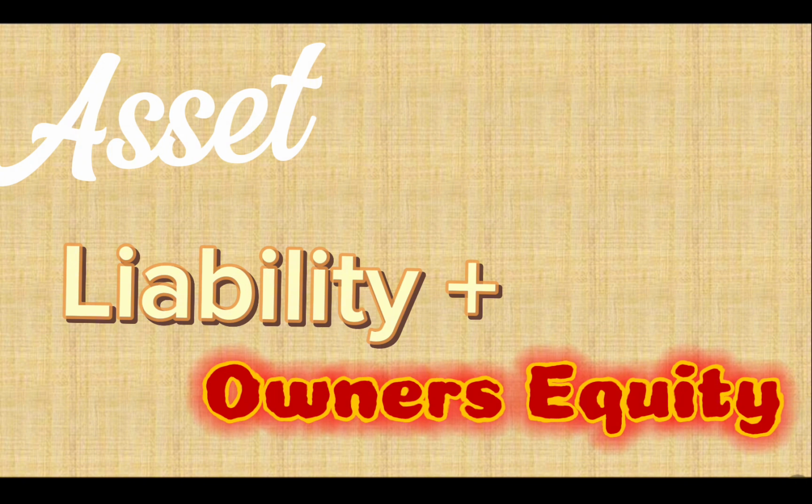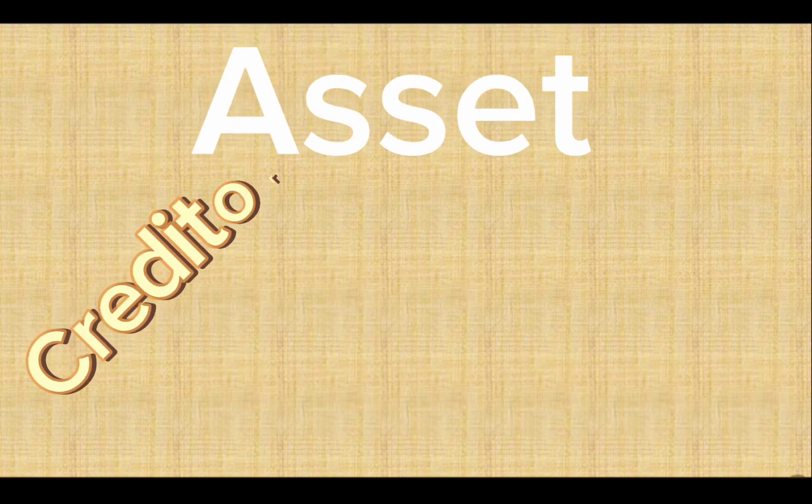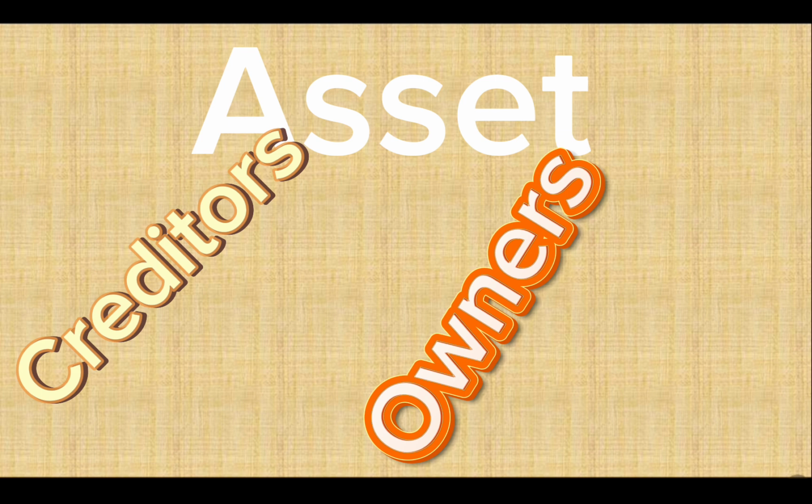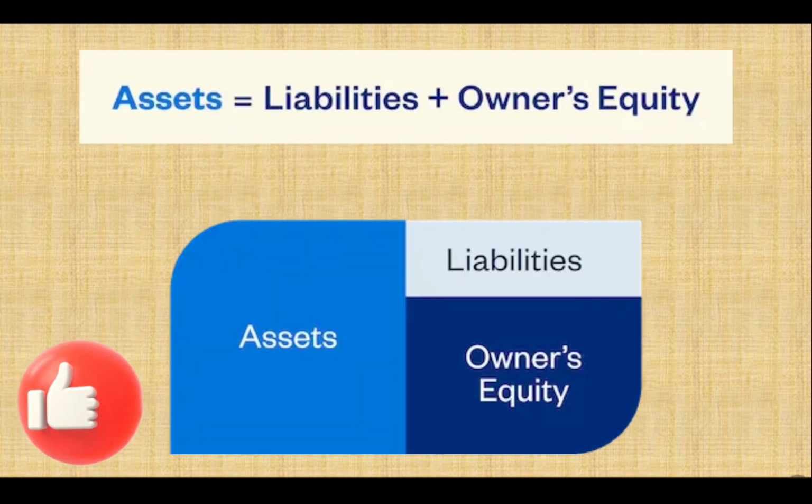That means the given asset of a company is financed by either creditors or the owners or shareholders. Therefore, the total asset is the sum of the liability, that is finance contributed from the creditors, and the owner equity, that is the finance contributed from the shareholders or the owners.